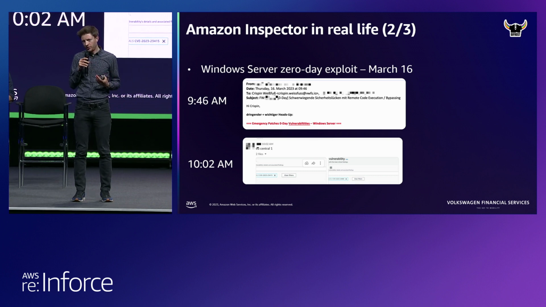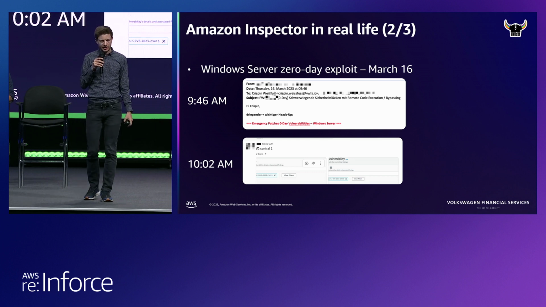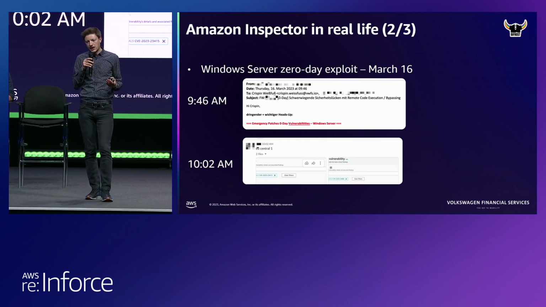A few dozen servers were identified across the entire real estate and our 1,500 accounts. And we analyzed those findings as well, because Inspector recalculates the CVSS score based on certain criteria like network reachability, and we could identify the highest risk servers quite easily.